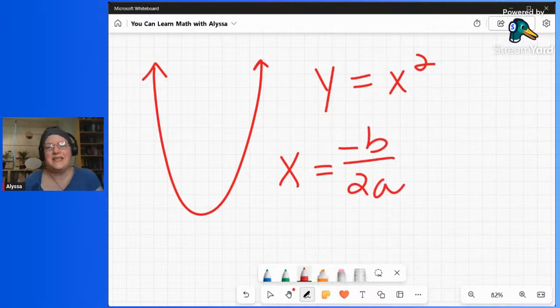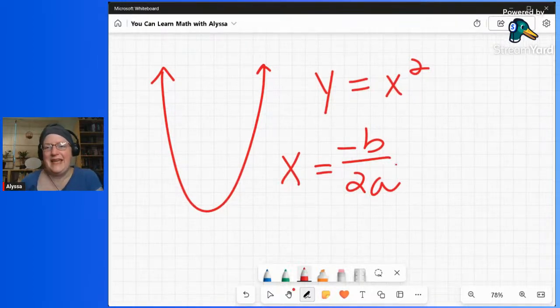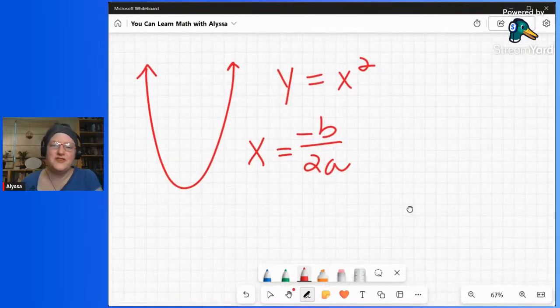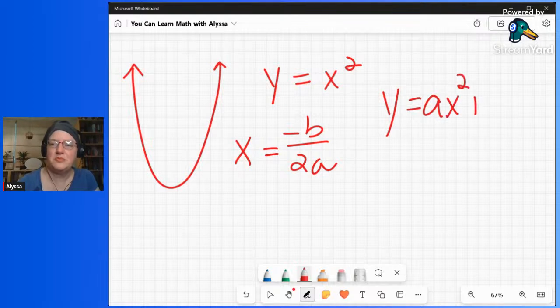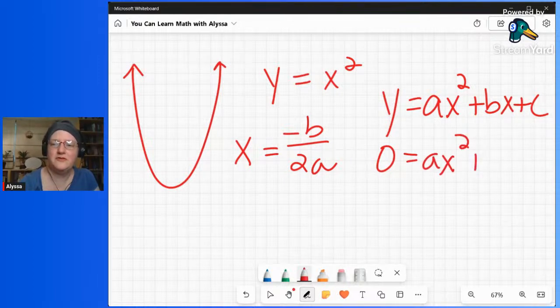It is x equals negative b over 2a. What do we mean when we say a and b? This is referring to our y equals ax squared plus bx plus c. It sometimes can be 0. It just depends if we are graphing or if we're solving for x.